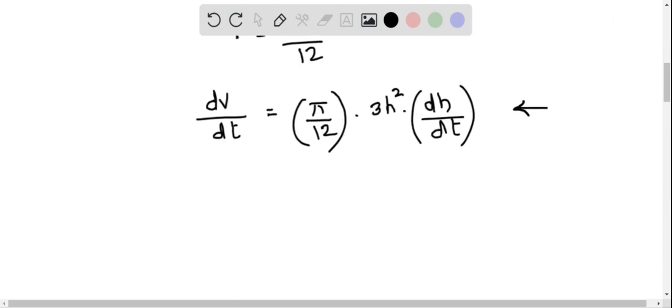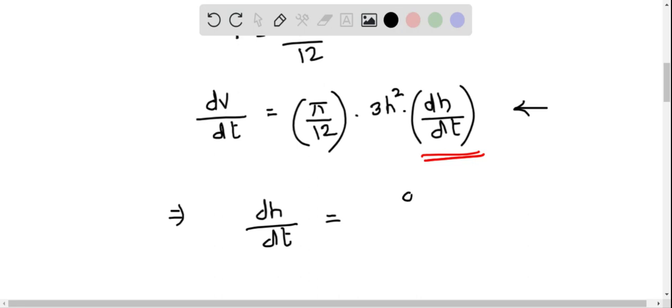Maybe we can also solve for dh by dt right now. So I'm going to solve only for dh by dt, which means I keep dh by dt on one side, and after rewriting I bring this to the left side.